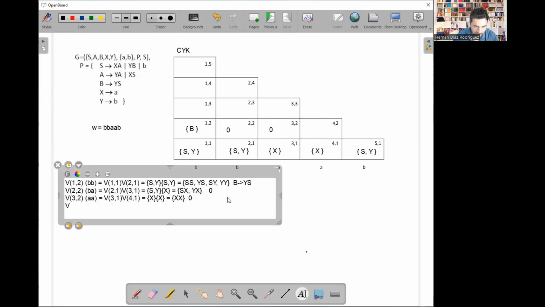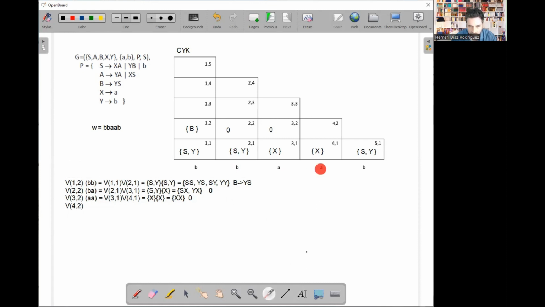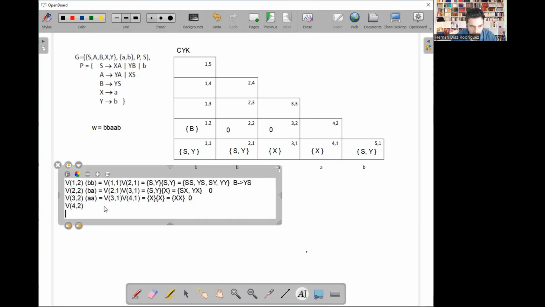And we go to the last cell of this row, which is the position 4, 2. So we go to the 4th character of the word, and we take 2 characters, which is AB in this case. And to produce this, we need to look into the cell 4, 1 and 5, 1.